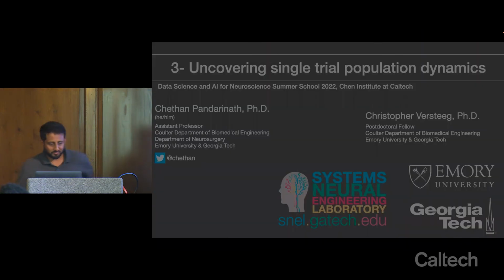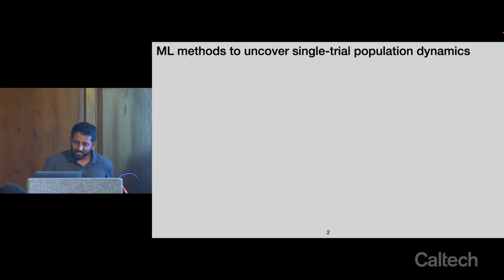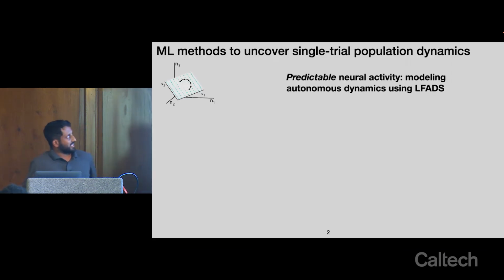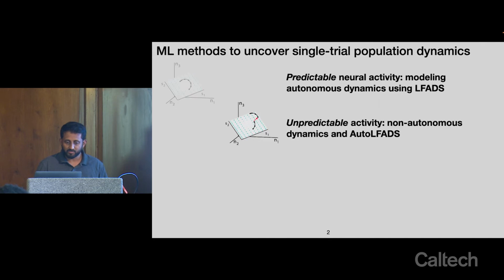Okay, so what I'll be telling you about now is some machine learning methods that we developed to uncover single trial population dynamics. I'll start with cases where activity is predictable and show you how we model those dynamics using a technique called latent factor analysis via dynamical systems, or LFADS.